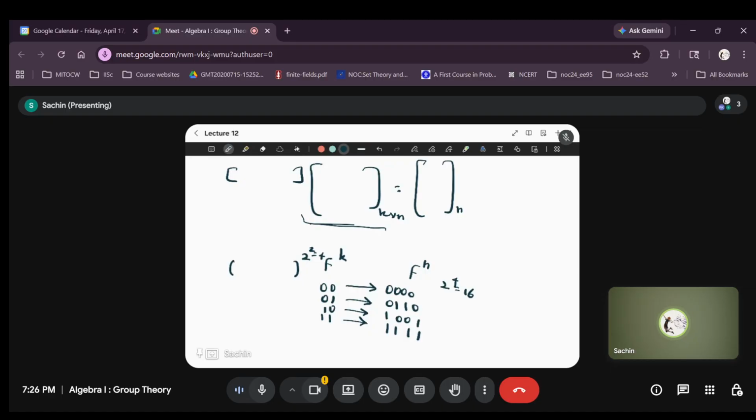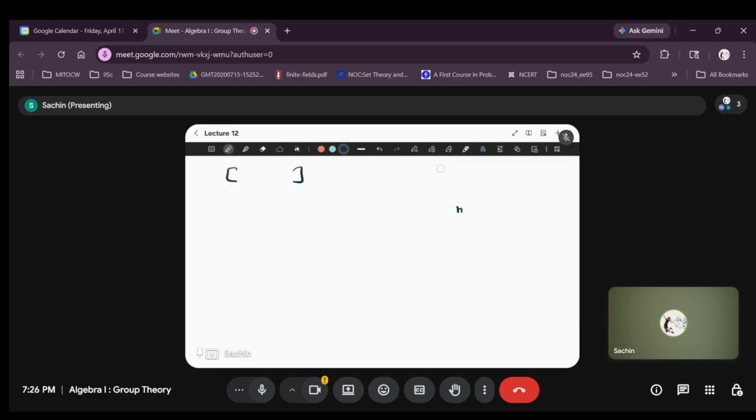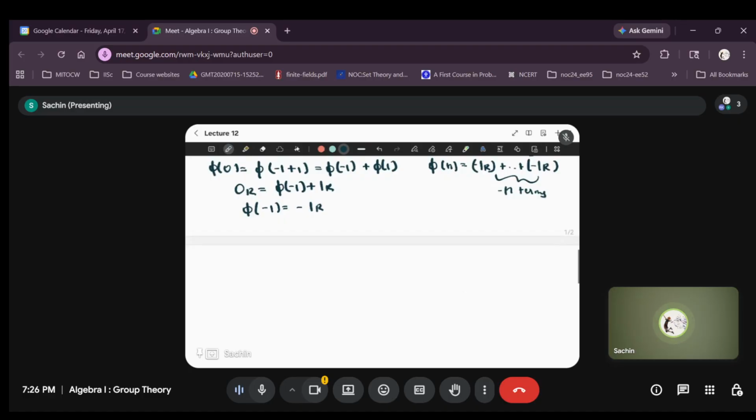Then for decoding, you'll use the parity check matrix, and this will all come in error correction. So you'll find the syndrome, and all the messages in the same coset give the same syndrome because it is a homomorphism.